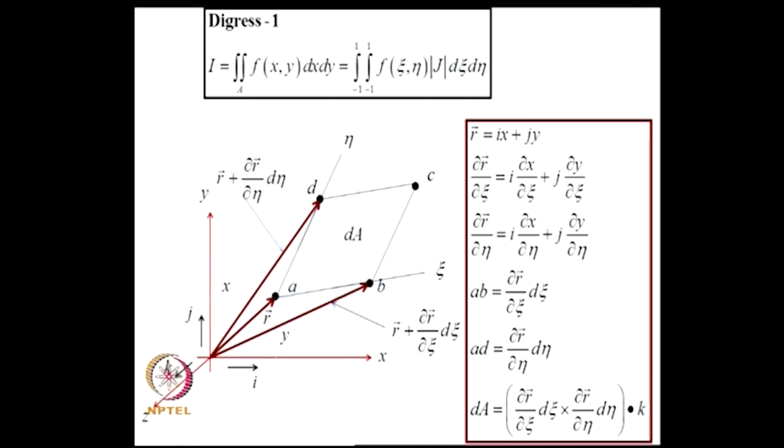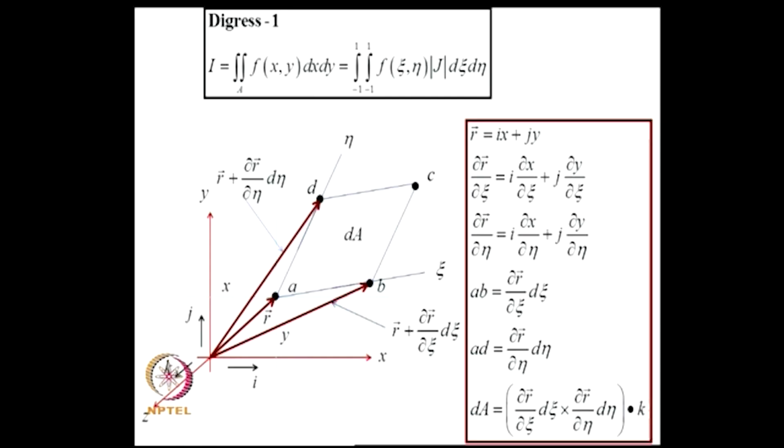So, we need to digress a bit now to understand what the problem is. First, we will consider a function f of x y in Cartesian coordinates, and using this transformation, if we map x and y to xi and eta, what is the rule of transformation? This is the rule as you may be knowing, but how does it really originate?